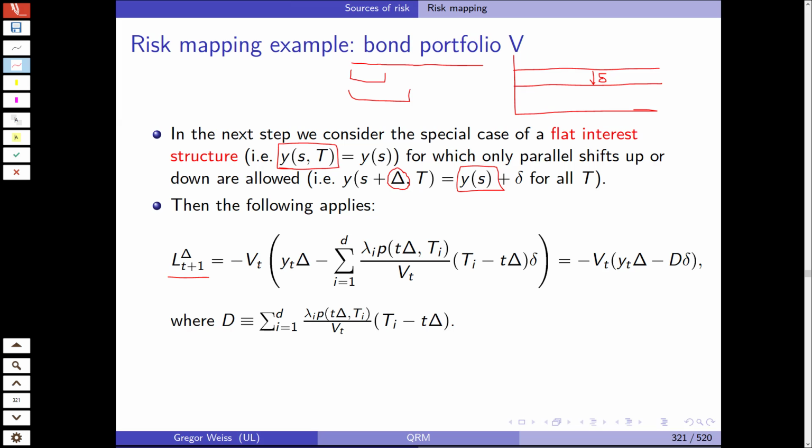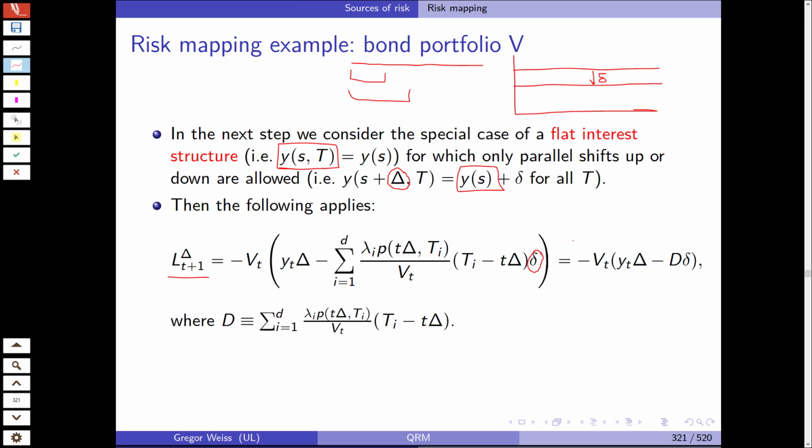It's minus V_t times yield times the amount of time delta, minus the sum of the weighted prices divided by the initial value of the portfolio, times the remaining maturity of each of these bonds, times the increase or decrease in the yield curve.